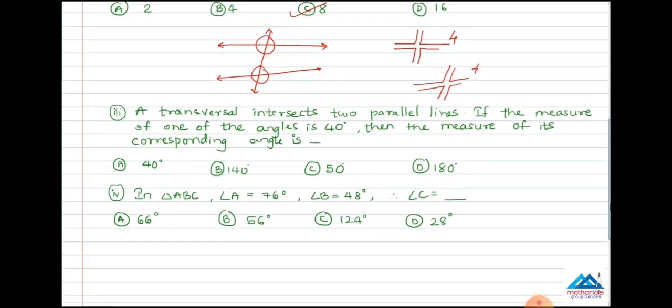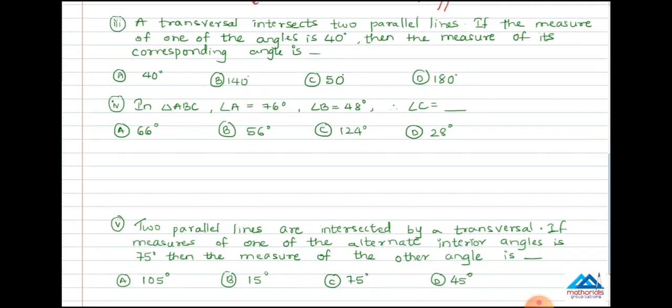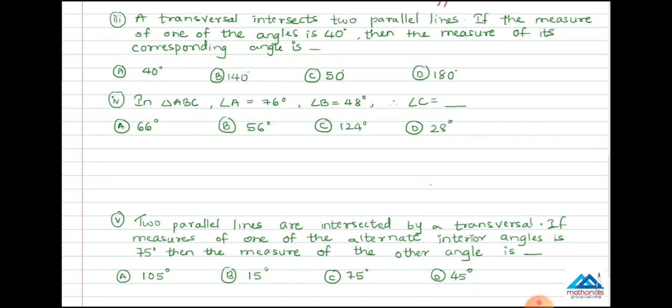Come to the third one. A transversal intersects two parallel lines. If the measure of one of the angles is 40 degrees, then the measure of its corresponding angle is dash. Corresponding angles are congruent to each other.